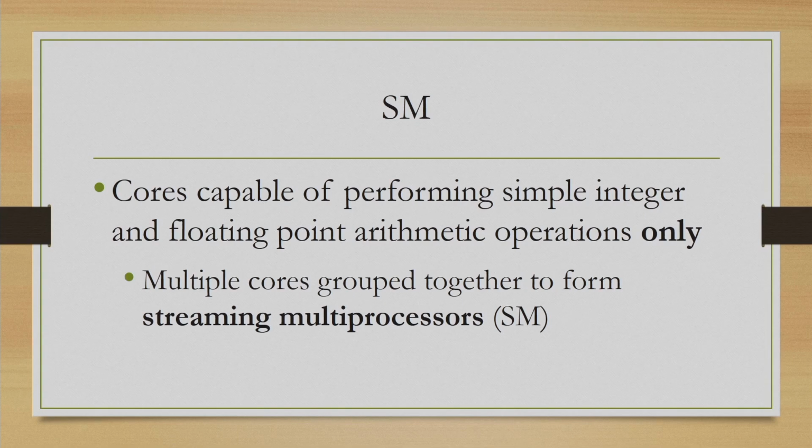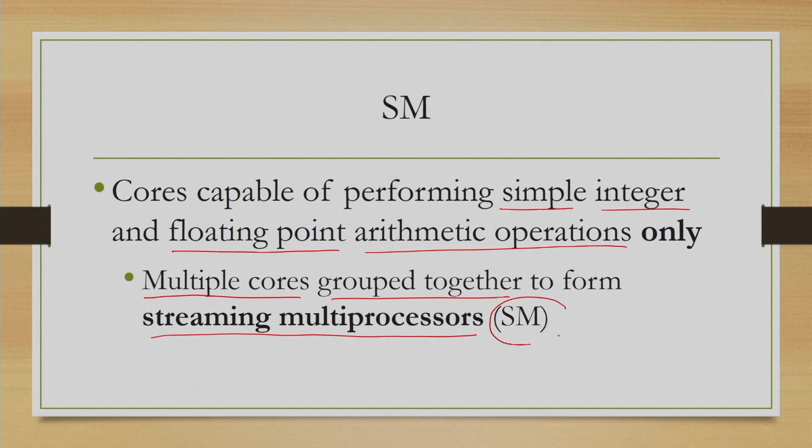These cores are nothing but simple hardware capable of performing simple integer and floating point arithmetic operations only. So, each core can perform arithmetic operations only, either integer arithmetic or floating point arithmetic, and multiple cores are grouped together to form another unit called streaming multiprocessor or SM. So, each core is called a stream processor and many such cores are grouped together to form a streaming multiprocessor.